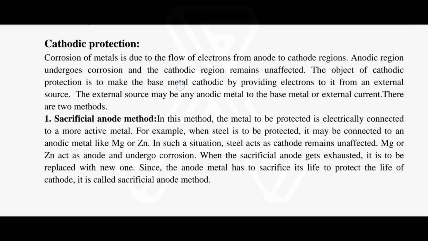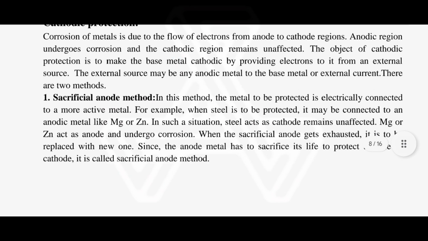There are two methods. Sacrificial anode method. In this method, the metal to be protected is electrically connected to a more active metal. For example, when steel is to be protected, it may be connected to an anodic metal like magnesium or zinc. In such a situation, steel acts as cathode and remains unaffected.